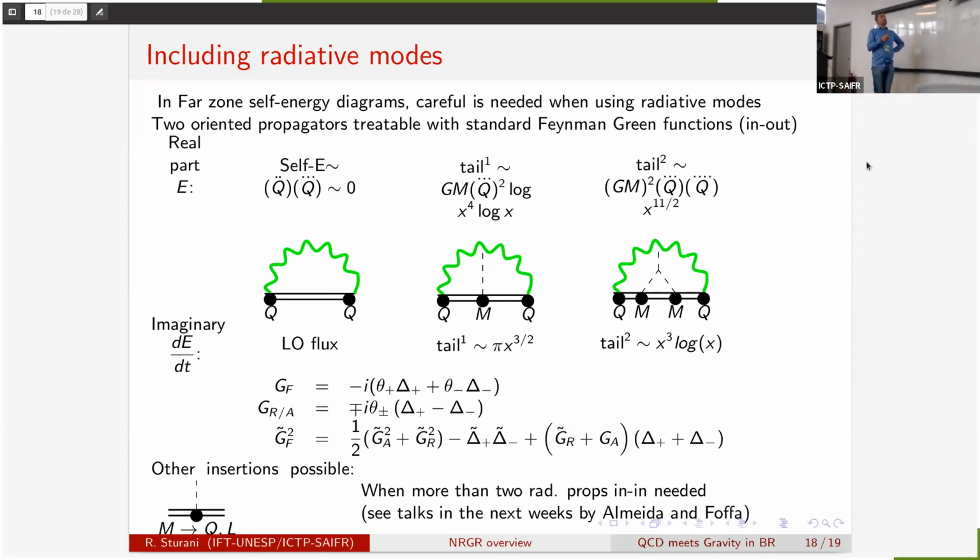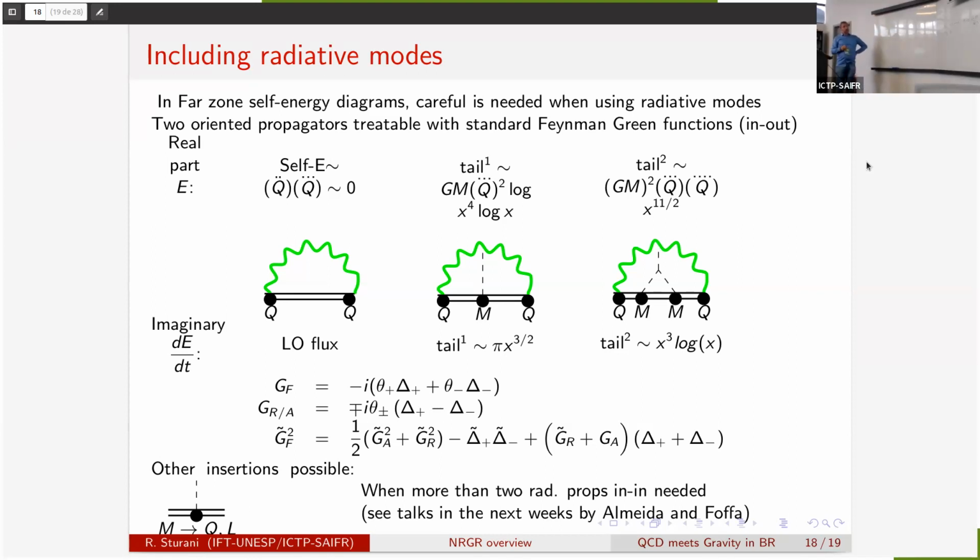If you do this, you realize that it doesn't give a contribution to the self-energy, it just gives a contribution to the flux. And then this term gives a contribution to both the flux and the conservative energy. Then you go to higher order, you get a radiative emission of Q, radiative absorption, and then double scattering with the static potential.